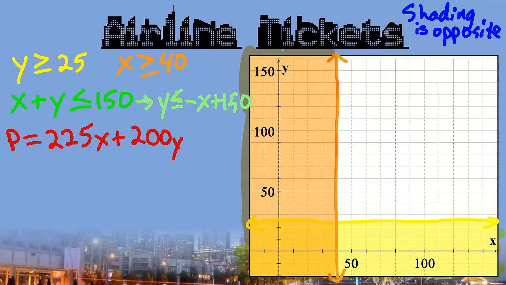We have a grid that is the same in both directions. Each grid mark counts for 10 in our x and our y's. So this negative x is pretty easy, luckily. Our y-intercept's here at 150, and we can just go down along the corner grids to graph this.